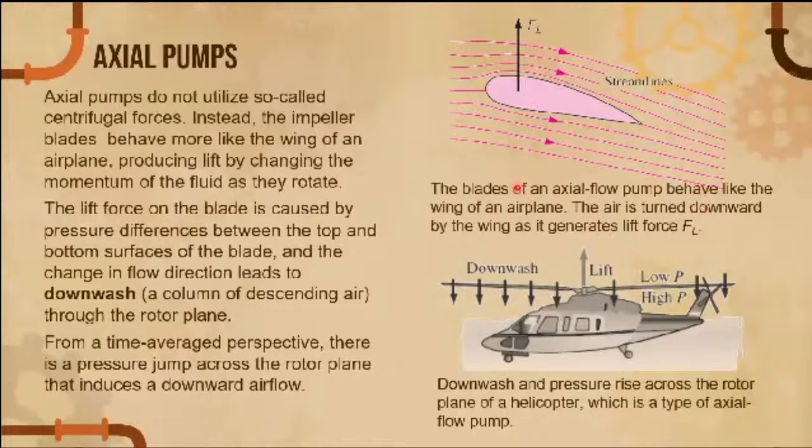This mechanism is used, for example, in the helicopter. It will create what we call downwash and create a lift to lift the helicopter up. The helicopter is spinning the blade, but for an aircraft, they are using their wing. They are creating a thrust to push the aircraft forward and to create a lift on the wing to lift the whole aircraft.